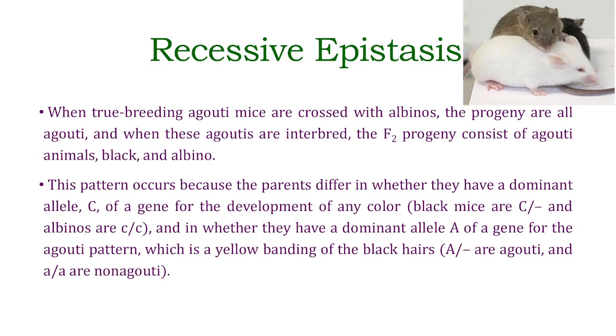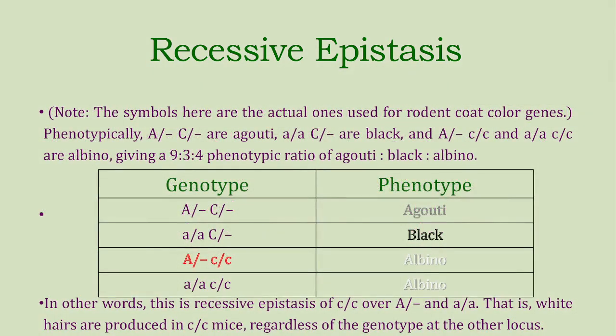That is because of the recessive epistasis, where the recessive allele, that is cc, in homozygous recessive condition is going to mask the expression of another non-allelic dominant allele, that is capital A, and the final result is albino mice.